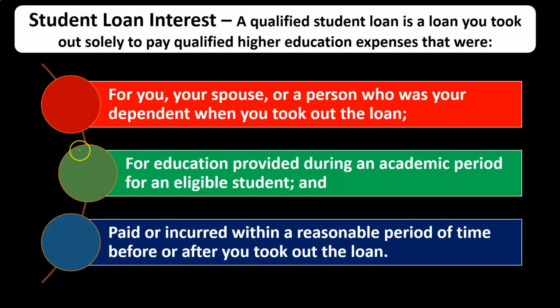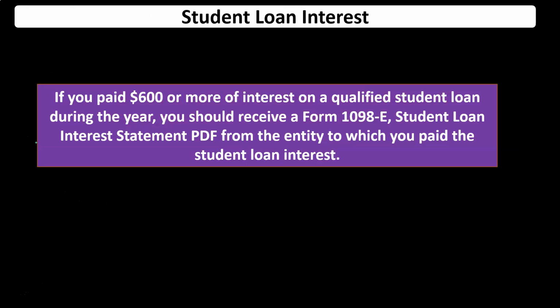Now, again, if these things are applicable, then typically you'll get the form, the 1098, and the 1098 is an indication that generally some of these things would apply. And if you have the 1098, then it's likely that some of these things would apply, and you'd be more likely to be able to take the deduction and enter that into the system. Student loan interest.